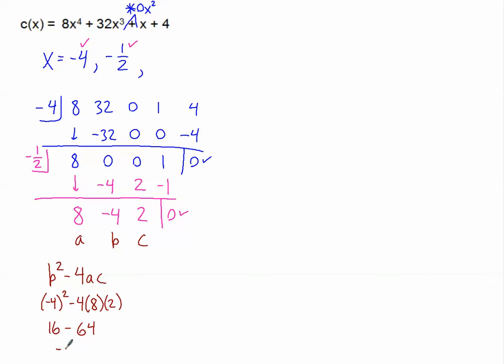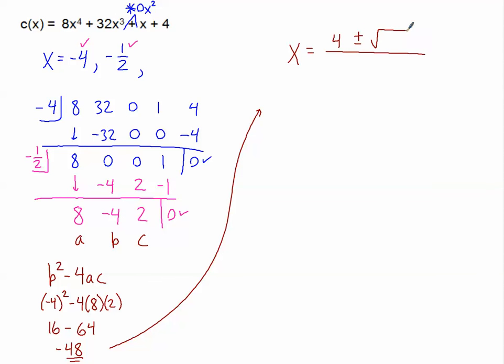And that gives me a -48 for my discriminant. So I must have had imaginary solutions. Well, let's bring it on over here and plug into quadratic formula. The opposite of b this time is +4. Plus or minus the square root of that -48 that we just calculated, and 2 times a would be 16.